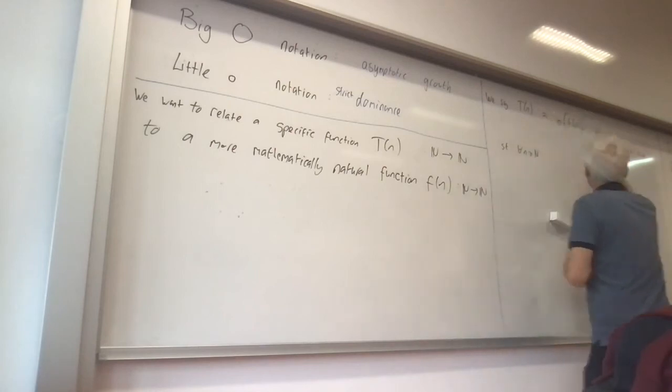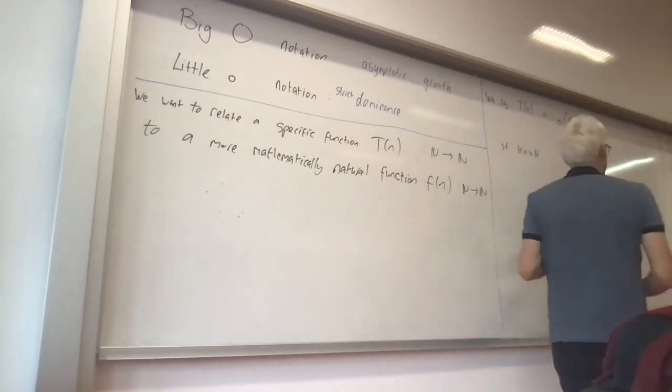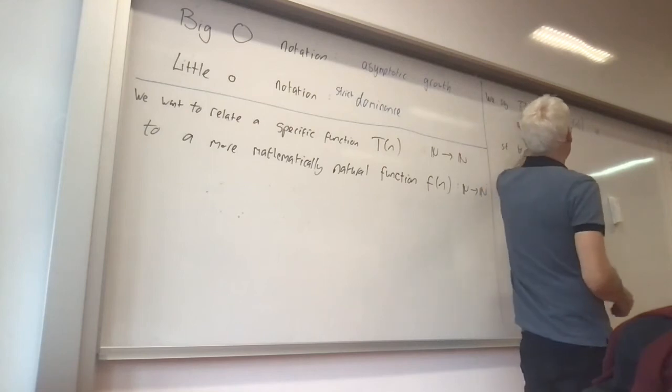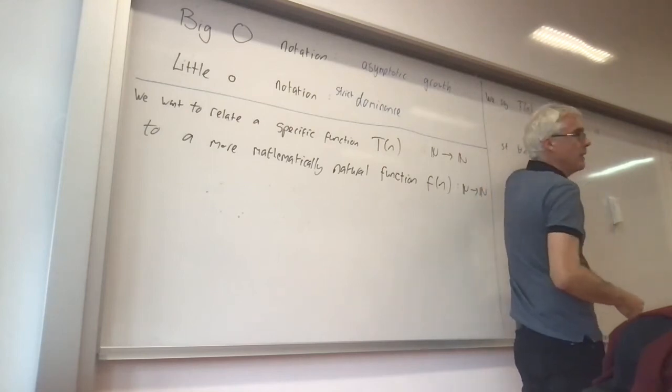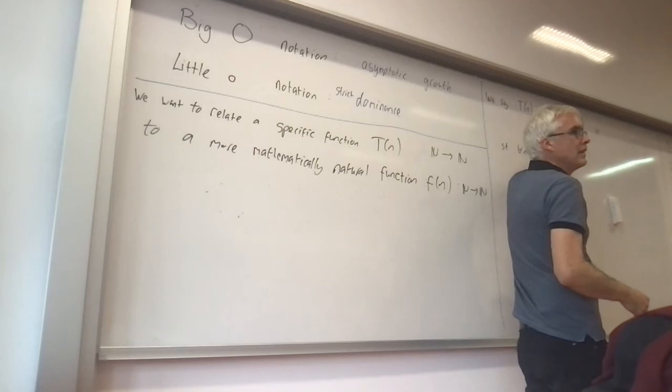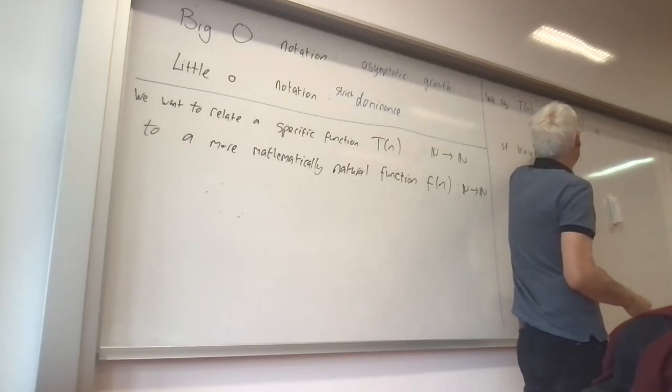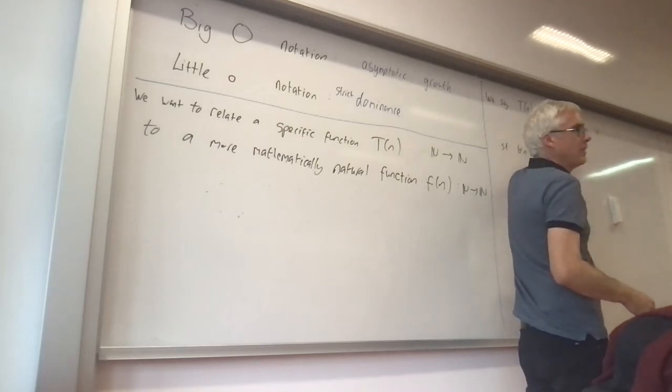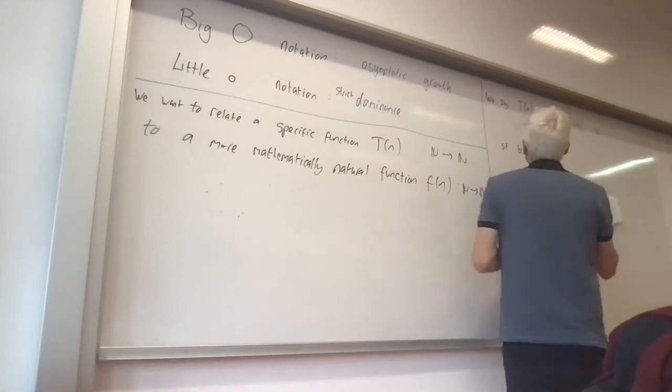Instead of there being a c greater than 0, rather than T of n being below some multiple of f of n, we want T of n to be eventually below every multiple of f of n.